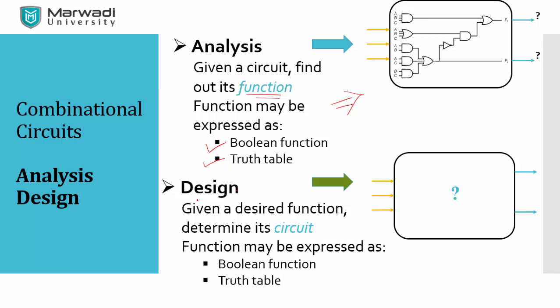In the design procedure, you need to find what the logic inside this block should be using the given inputs and outputs. That means for the given number of inputs, you apply different combinations, make a truth table, and from that truth table you can design a boolean function.